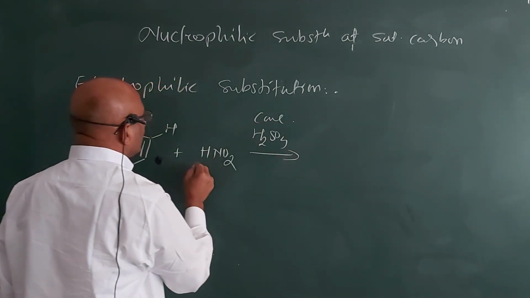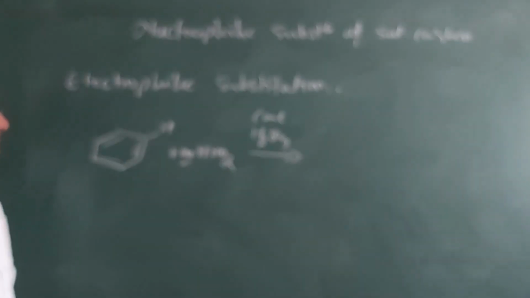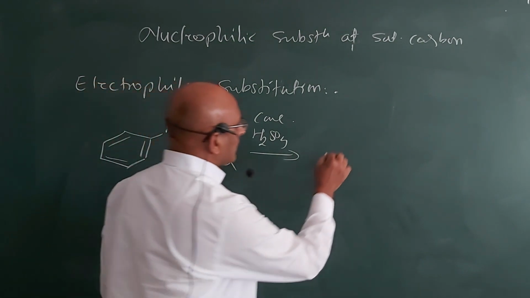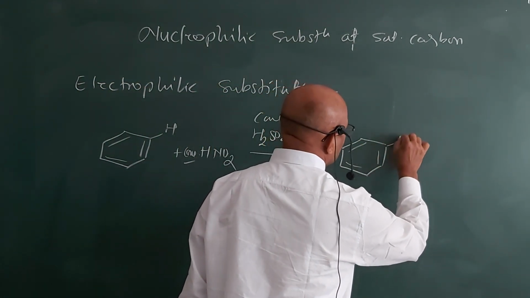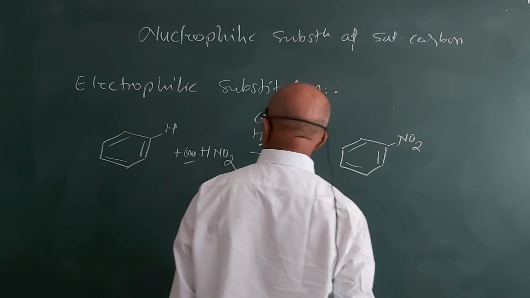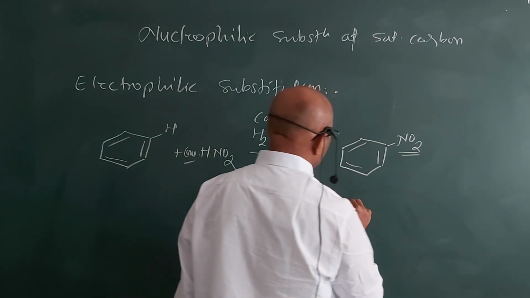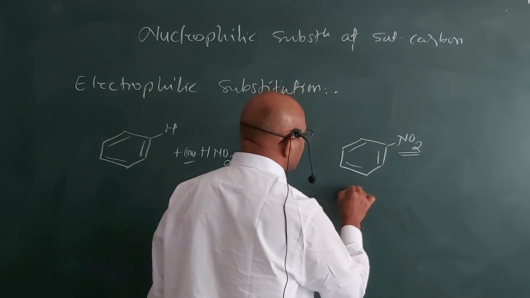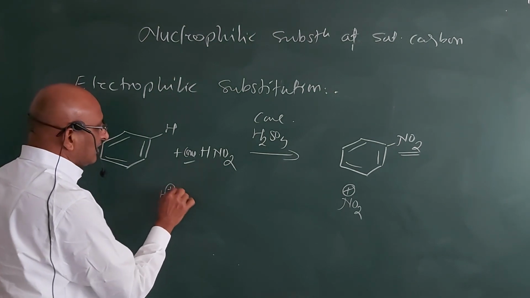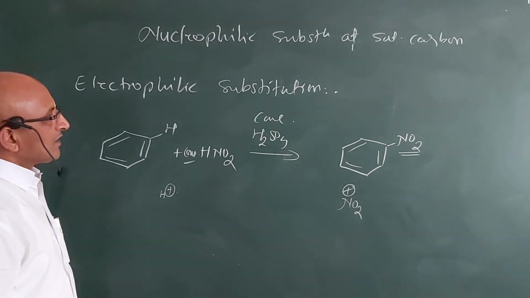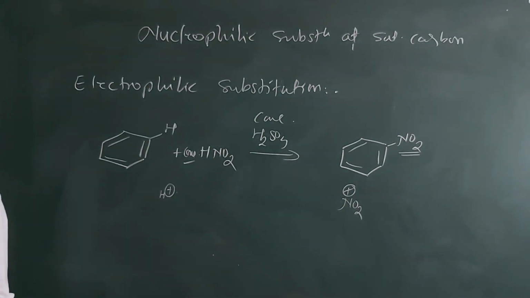When a mixture of concentrated nitric acid plus concentrated sulfuric acid is allowed to react, we get the formation of the product nitrobenzene. Here the nitro group is the positively charged species, that is the nitronium ion, which replaces the hydrogen ion from the benzene. And so this type of reaction is termed an electrophilic substitution reaction.